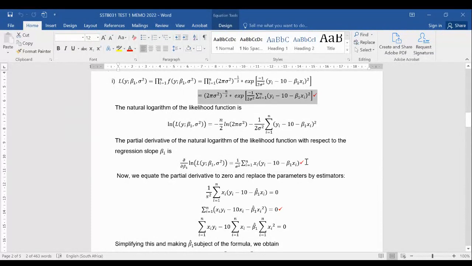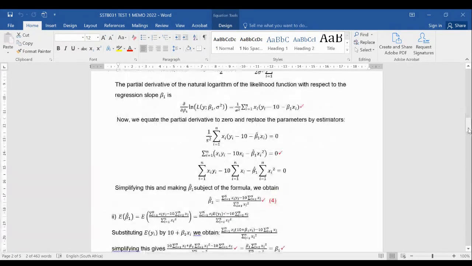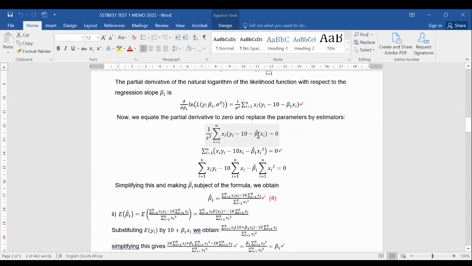For equating this to zero, you cannot say you want a mark, because after getting the partial derivative, you equate to zero. Now, you divide both sides by this constant here. You cannot say you want a mark for that. You didn't do anything. Now, you simplify this term, you get a mark.